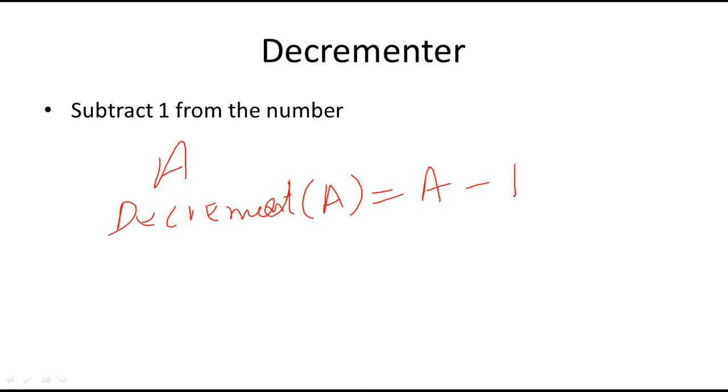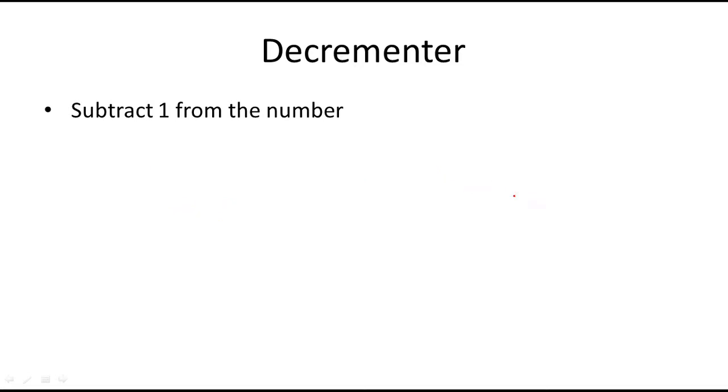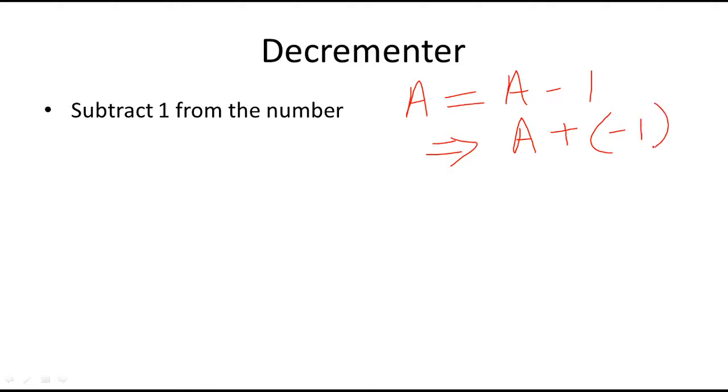As we already know, we can achieve subtraction by using full adders or subtractors. So if we want to implement a decrement like A minus 1, then we can do A plus minus 1.